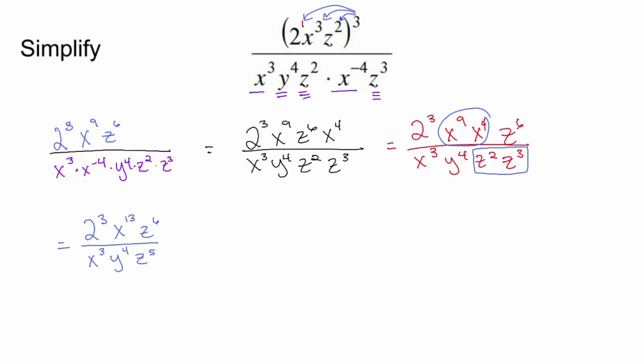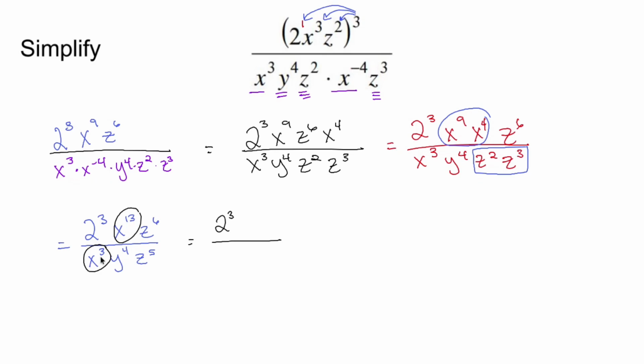Now we're not done yet, because I have x's upstairs and downstairs and z's upstairs and downstairs. 2 to the third is 2 to the third, leave it there. I have 13 x's in the numerator and 3 x's in the denominator. Whenever you have terms of the same base and you're dividing them, find out which one's more powerful.